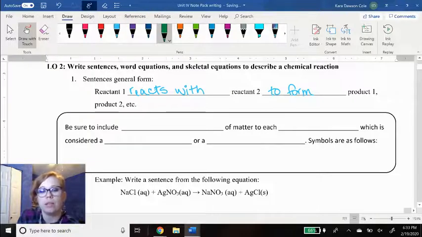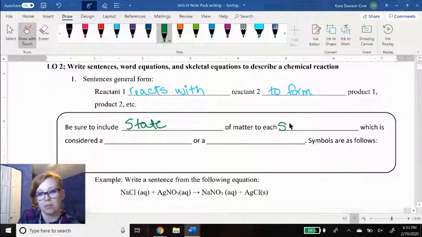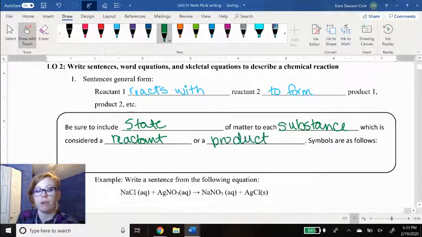Now, when we are describing a reaction, we need to be sure to include the state of matter for each substance, which is considered either a reactant or a product. We've been over the symbols already in Unit 3. I did a brief overview of those, but they are as follows.